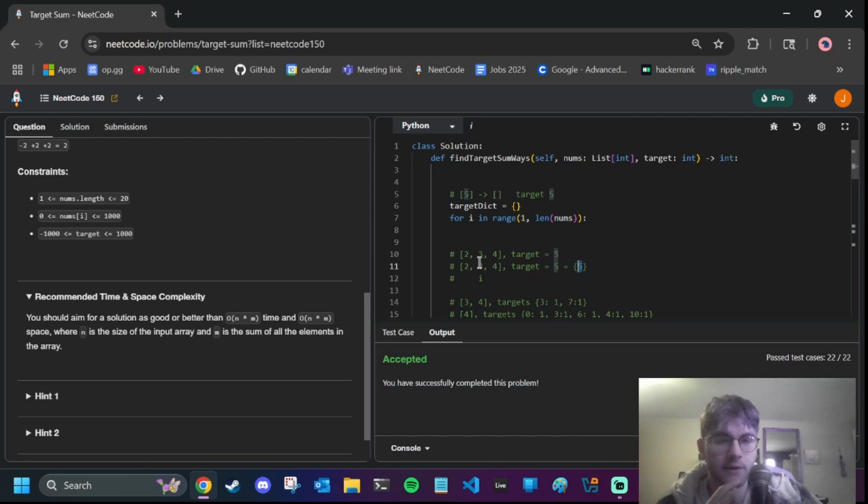So in this case now, we're saying from our initial target 5, we've just processed 2. So that means we can have either 3 or 7. And then once we go here, would we delete it?